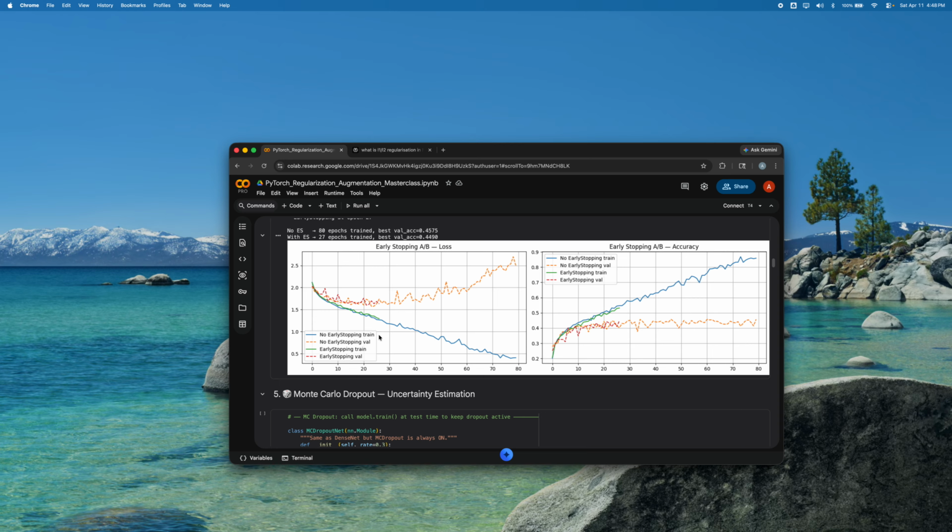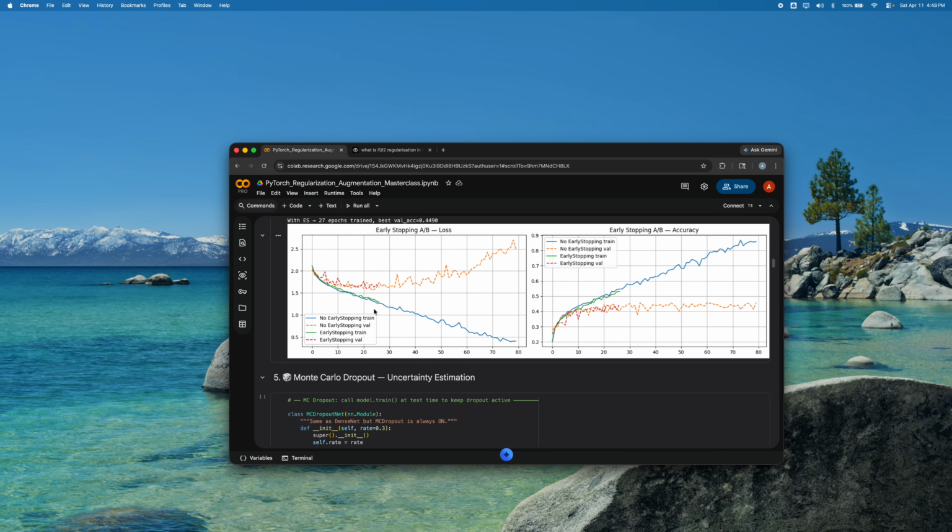So this is where we want to stop our epochs. It will find a sweet spot and just stop there, rather than giving a very weird accuracy.